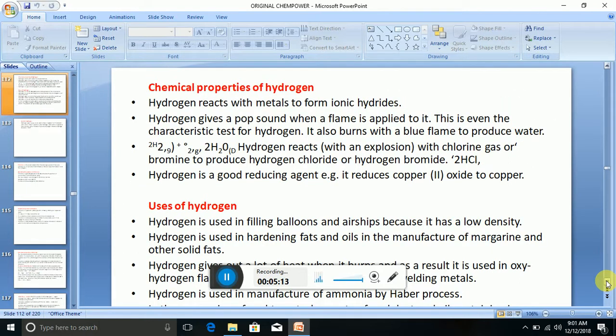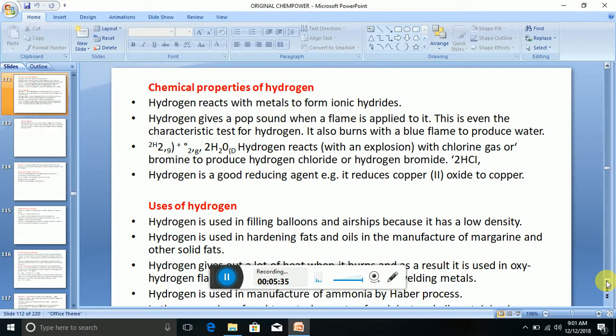Chemical properties of hydrogen. Hydrogen reacts with metals to form ionic hydrides. Hydrogen gives a pop sound when a flame is applied to it. This is even the characteristic test for hydrogen.